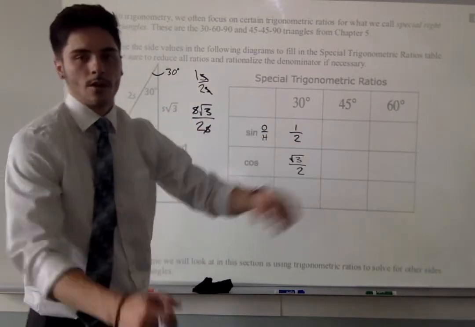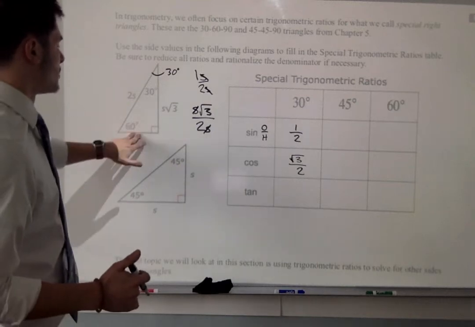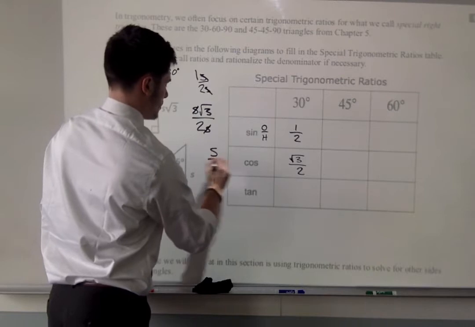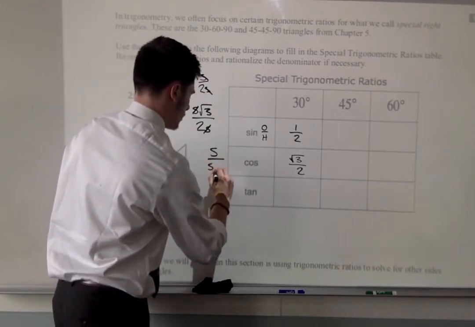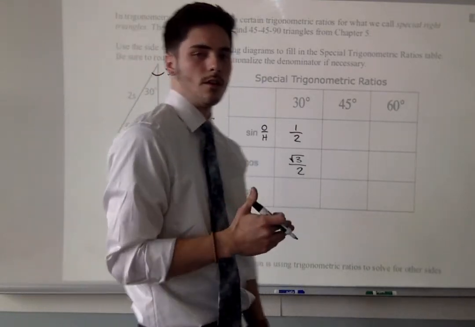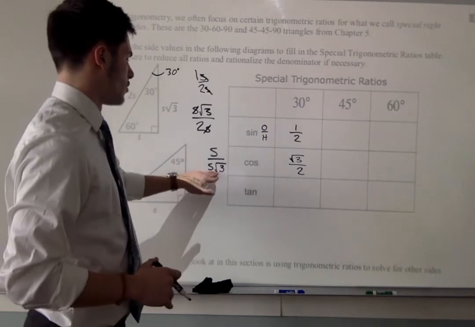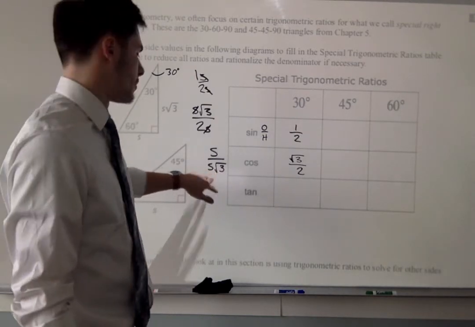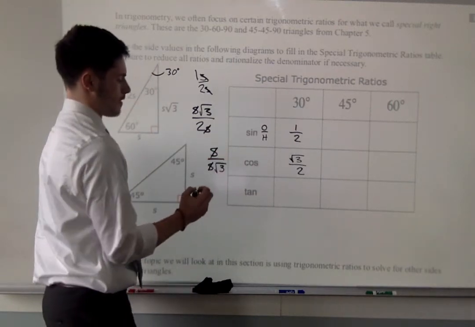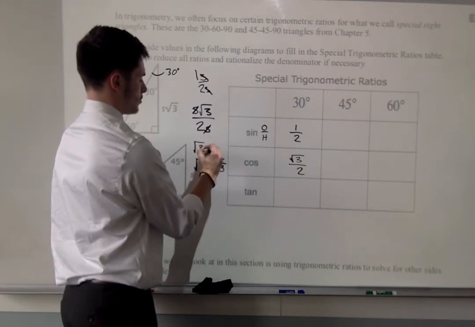So we've got the square root of 3 over 2, and the s's cancel out, and that's how we get this number. And then lastly, the tangent of a 30-degree angle will be the opposite over the adjacent. So opposite will be s, adjacent will be s times the square root of 3. And this one's going to be a little more difficult because we've got to do some simplifying, because we don't want to keep a radical in the denominator. So we're going to cancel out the two s's, but then we're going to multiply both the top and the bottom by the square root of 3.